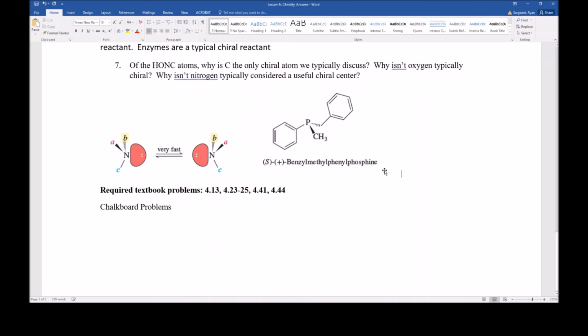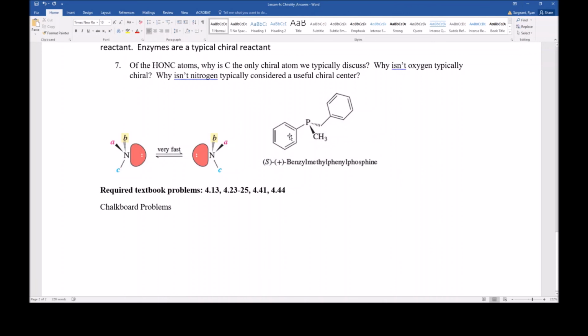As a side note, here's a phosphorus. Nitrogen and phosphorus are in the same column of the periodic table. And that means that they're going to have very similar properties. But as you move down the periodic table, what happens is the energy barrier between sp3 and sp2 starts to get much larger. So phosphorus will also invert its stereocenter, but it does it very slowly.